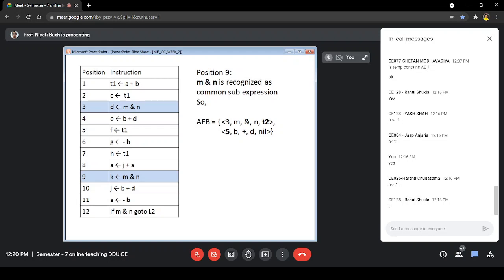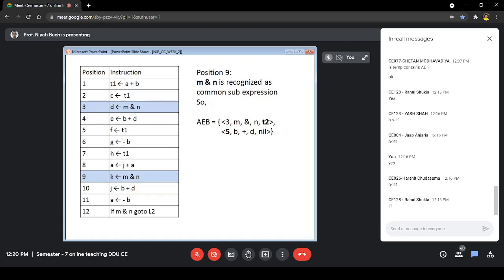Over here we will add an instruction. What instruction will we add? T2 is now having the value of the computation M and N. So M and N is assigned to T2. Then what other thing do we have to do?